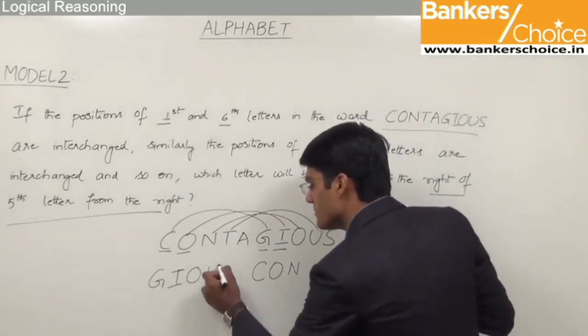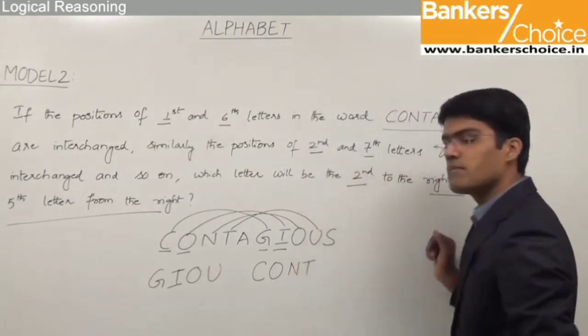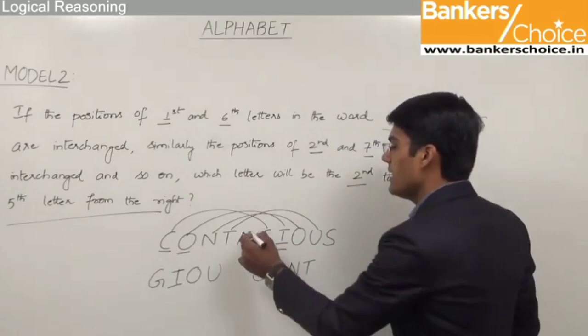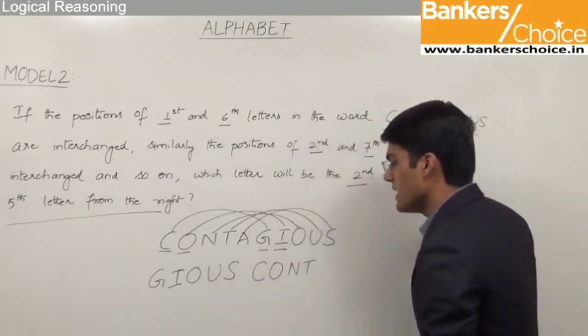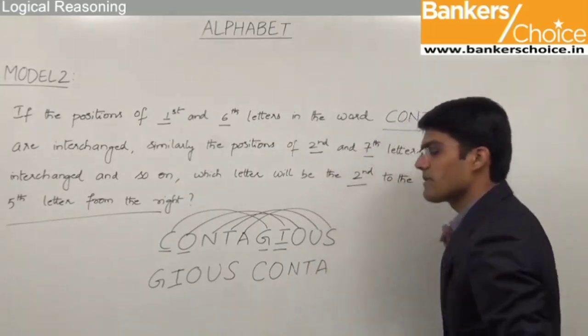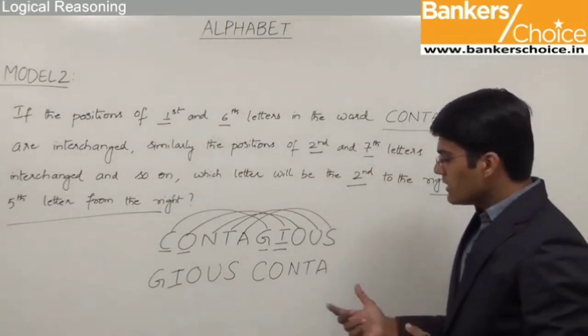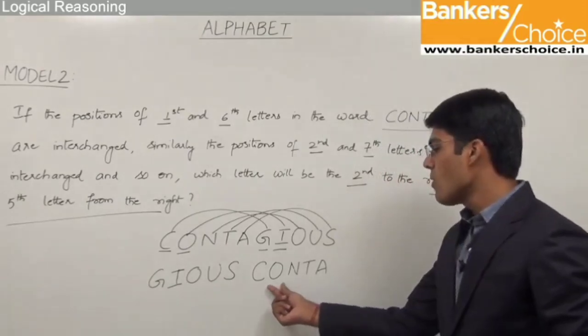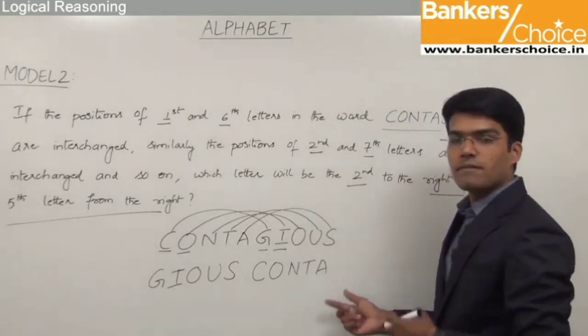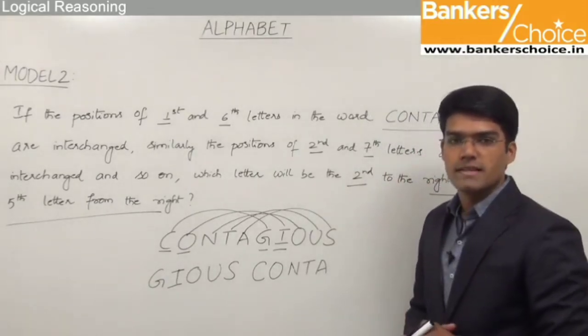So U goes in place of T and T comes in place of U. And finally, A has to be interchanged with S. So S takes the position of A and A comes in place of S. So now the new word formed is G-I-O-U-S-C-O-N-T-A after interchanging all the letters as given.